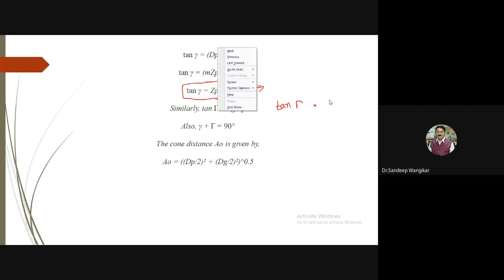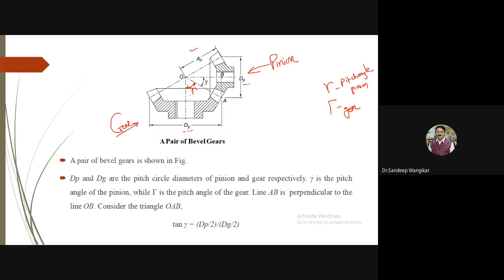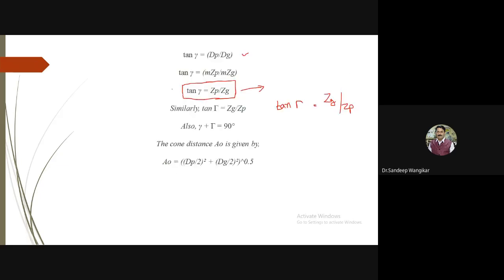Very important thing we have to keep in mind: this figure clearly indicates that gamma plus the larger gamma, the addition will be equal to 90 degrees.